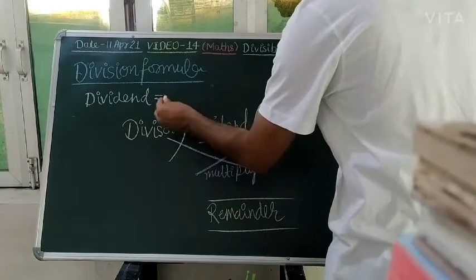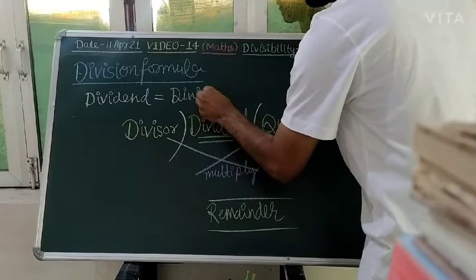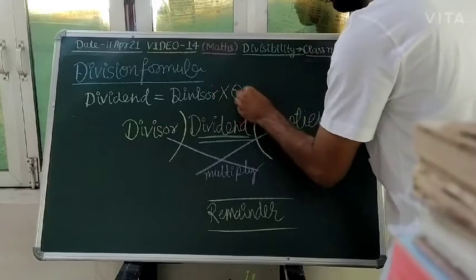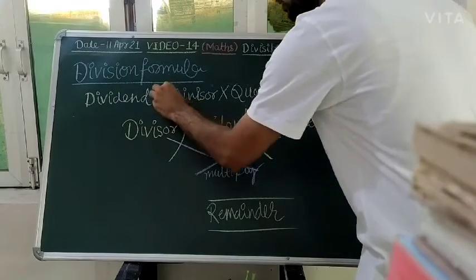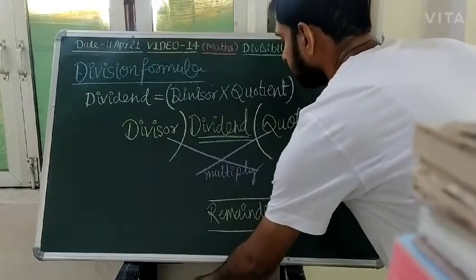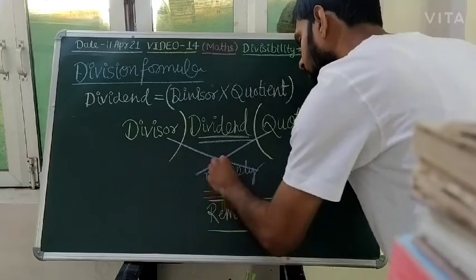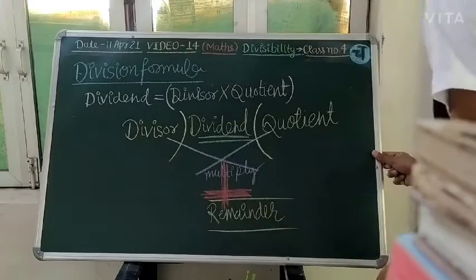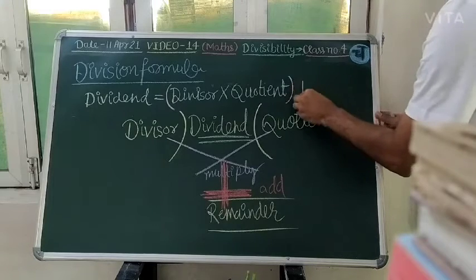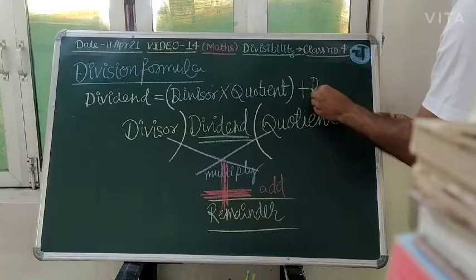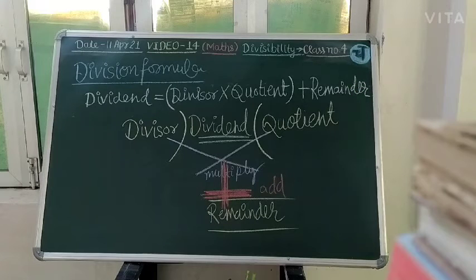So dividend will be equal to divisor into quotient plus remainder.